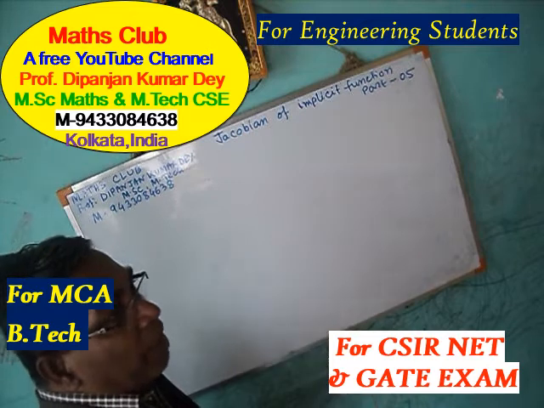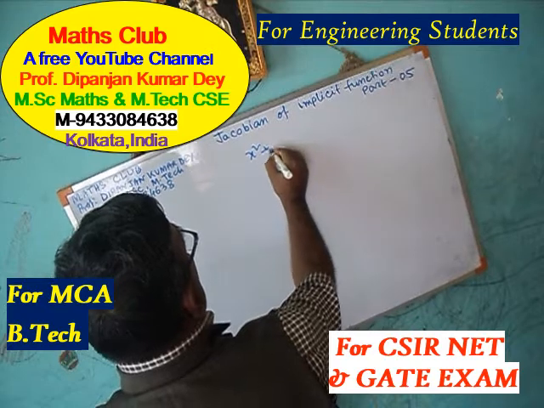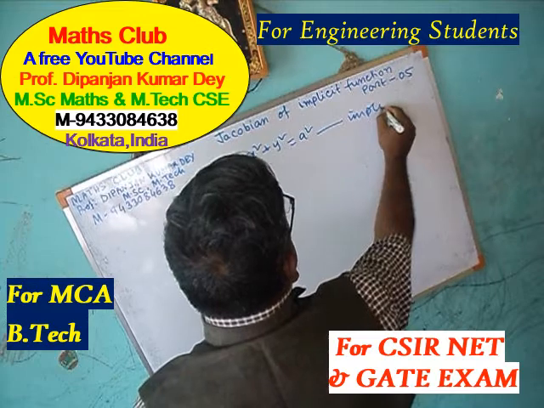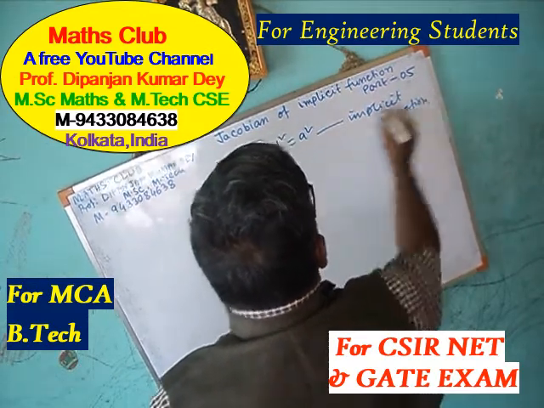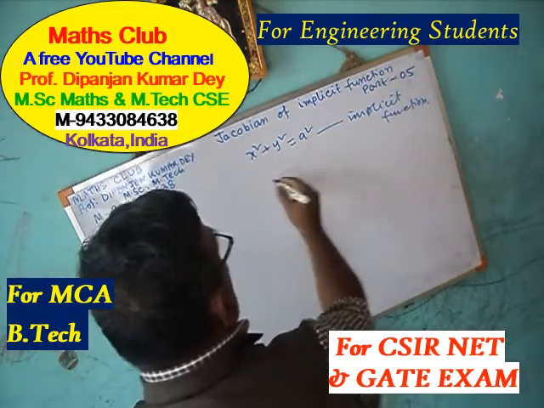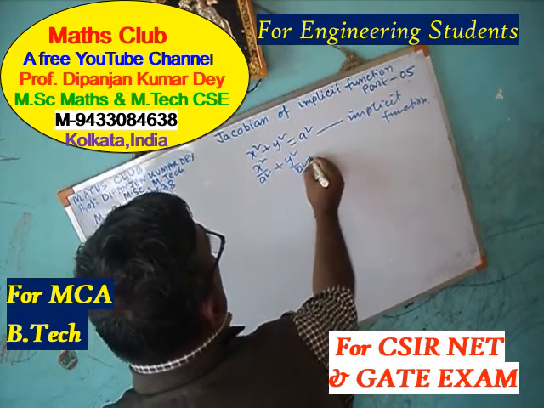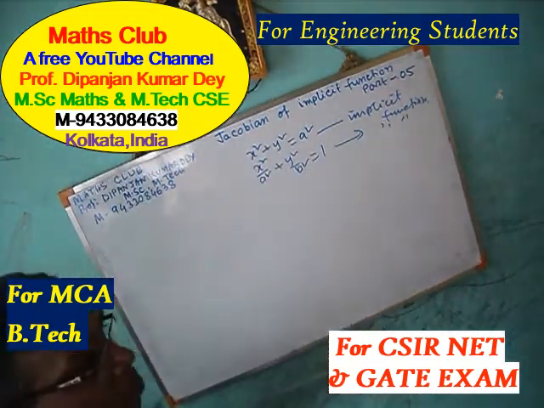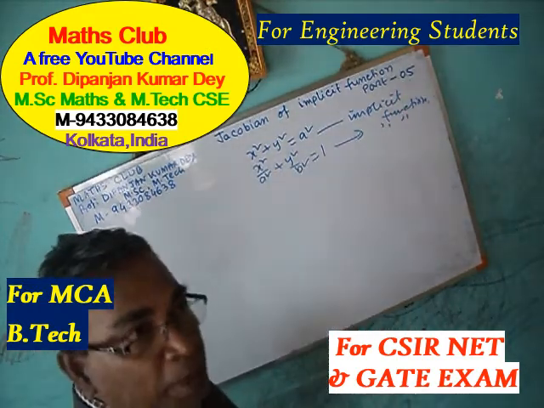When x and y are related to each other, like x squared plus y squared is equal to a squared, this is an implicit function, because here x and y are related to each other. Another example, x squared by a squared plus y squared by b squared is equal to 1, is also an implicit function. When x, y or x, y, z are related to each other, it is called an implicit function.